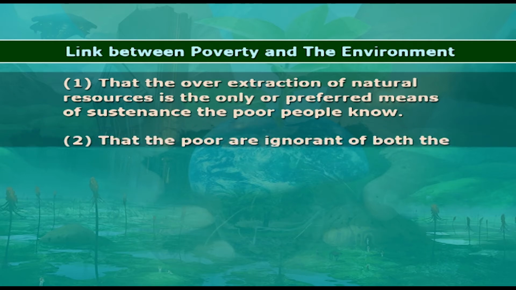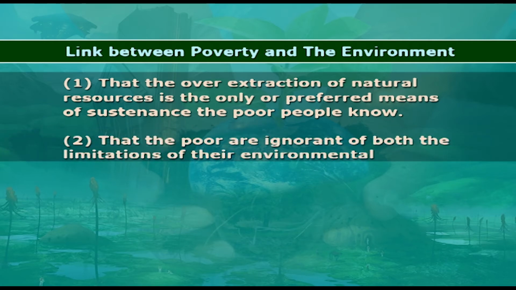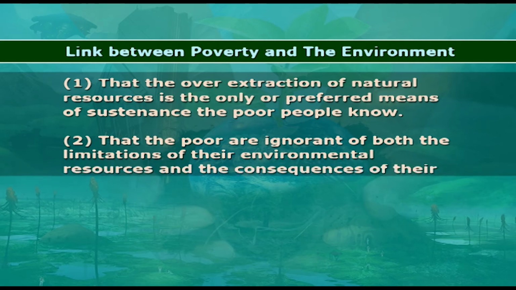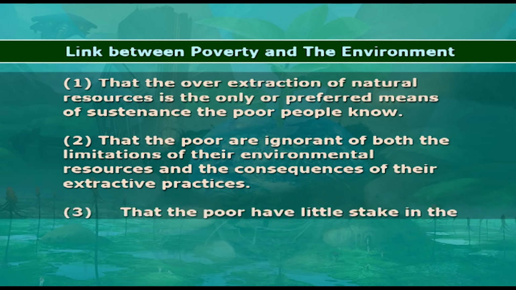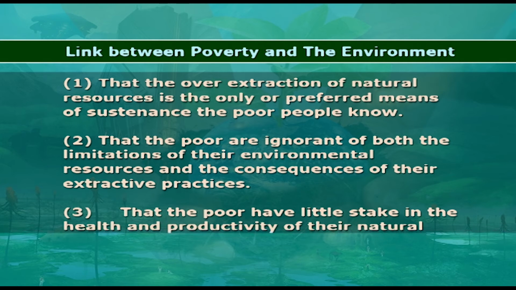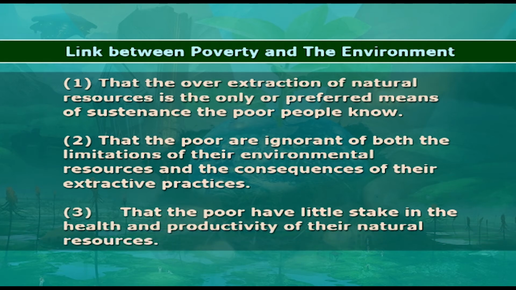Number 2, that the poor are ignorant of both the limitations of their environmental resources and the consequences of their extractive practices. Number 3, that the poor have little stake in the health and productivity of their natural resources.